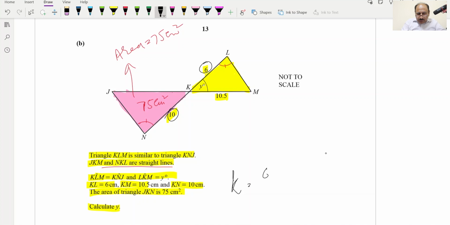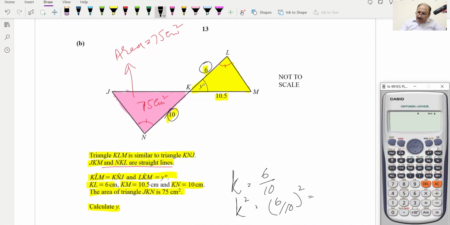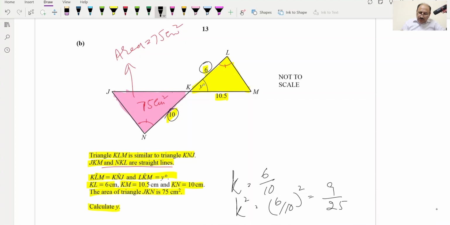K value is equal to 6 over 10, and K square for the area will be 6 over 10 squared, which is equal to 9 over 25. So 9 over 25 is the ratio which we'll be using for area.